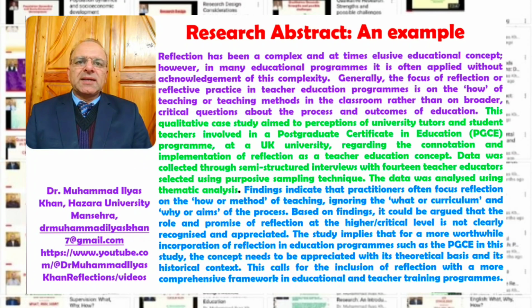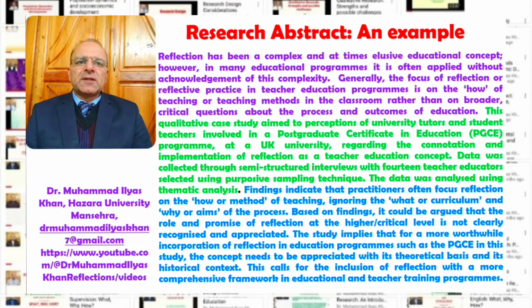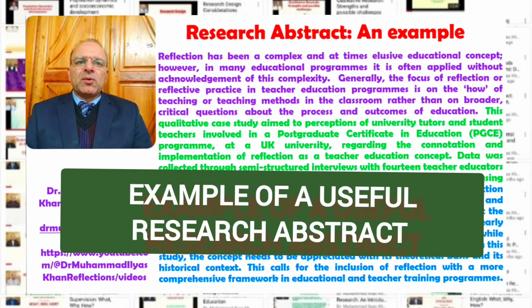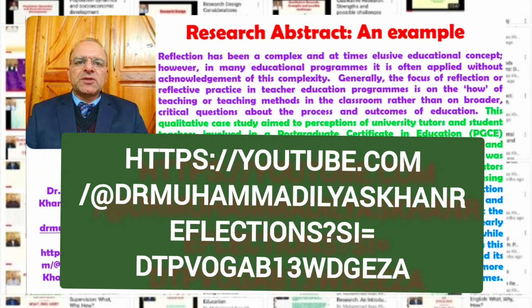Here is an example of a research abstract that I think is a useful research abstract, where there is a beginning or a background section, and then there is the section where the aims and objectives of the research are presented and the methodology is presented.